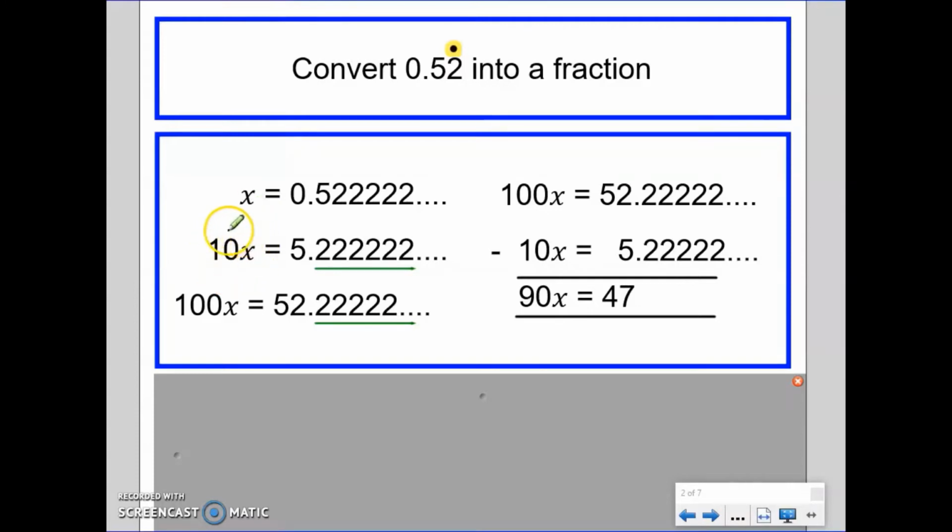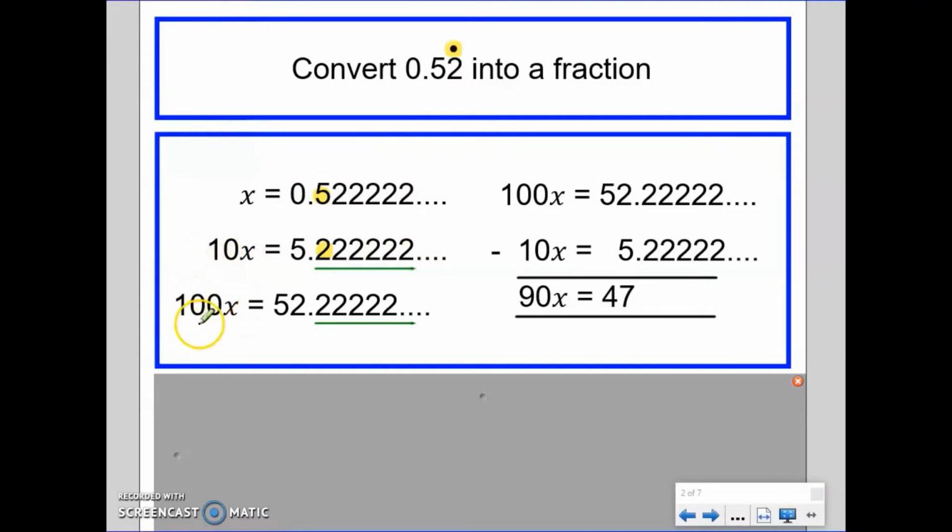So I'm going to have a look at 10x, which would be 5.22222 and so on. But then if I compare 10x to x, you can see because of this 5 and that 2, the numbers after the decimal point are not matching. So this time I need to take this a step further. Now I'm going to look at 100x.